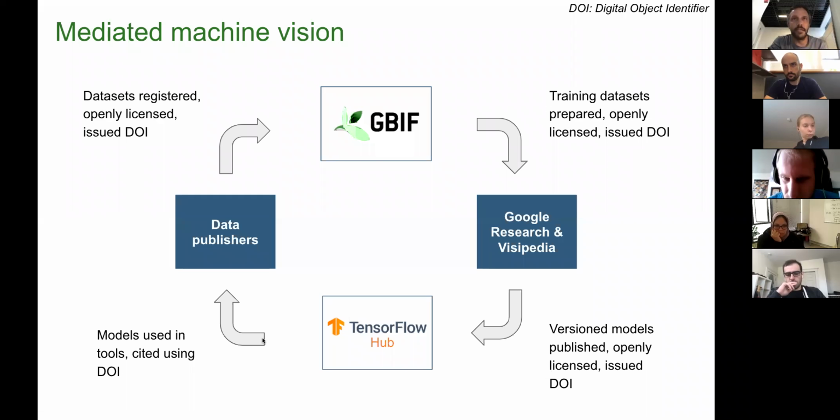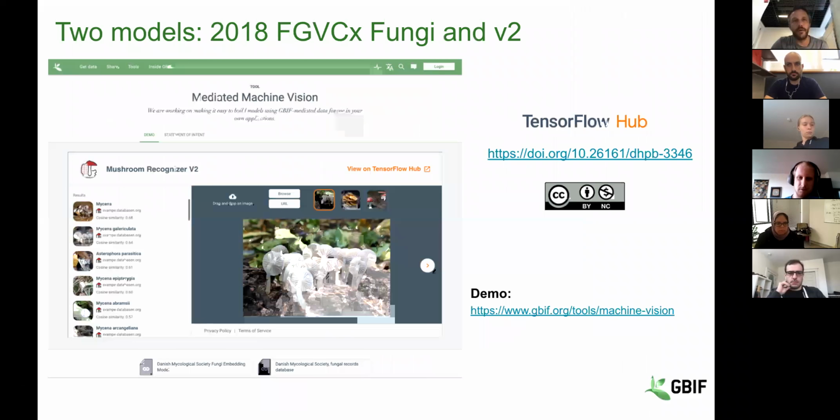And then that is released on TensorFlow so that if any third party, Android or iOS developer, wants to make an app that can recognize mushrooms, they can go to TensorFlow Hub and they can preview the model. So they can pull up the page for it and drag and drop sample images without knowing about details of machine learning or neural nets.